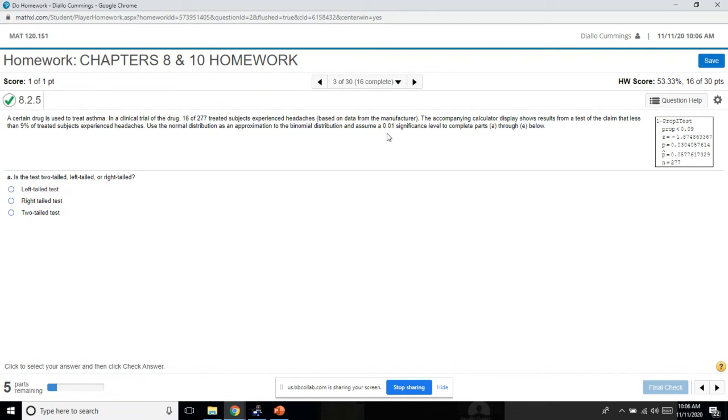Later in the problem, we will use this significance level and this p-value and make a determination about the null hypothesis. Now we'll go through the problem. Is this a two-tail, left tail, or right tail test? From our given alternative hypothesis, we see that it's less than, so this would be a left tail test.